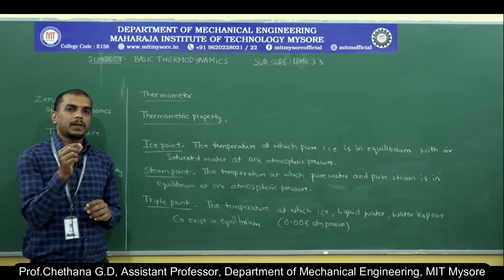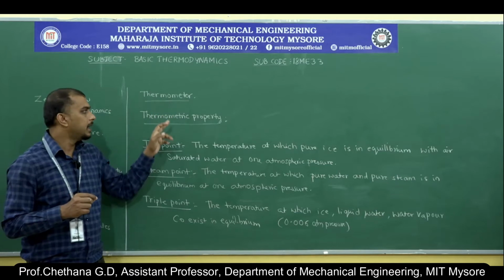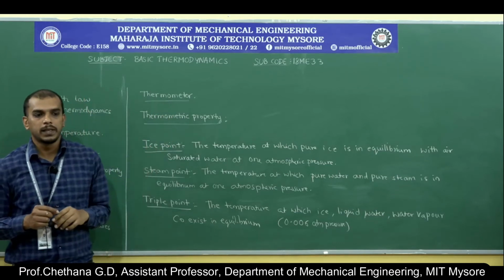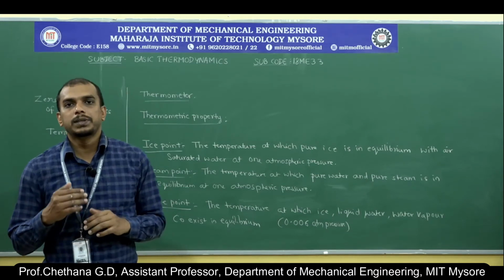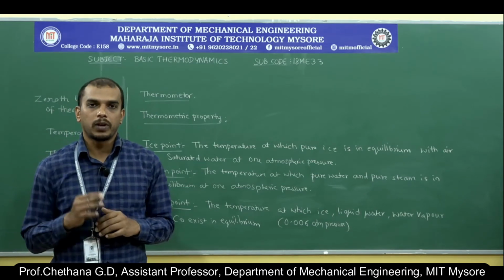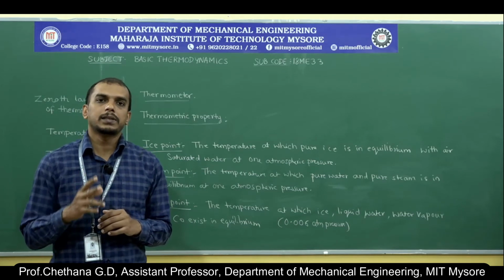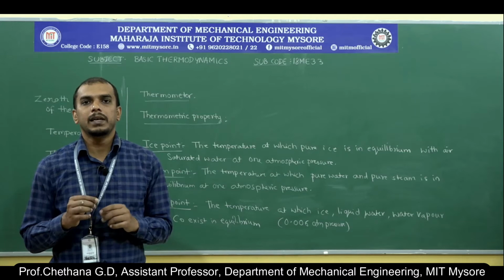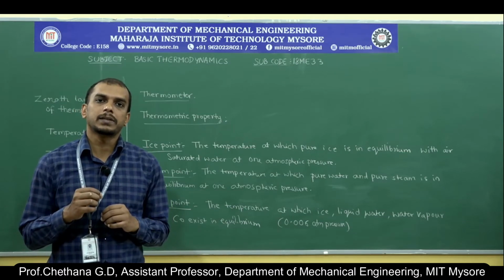So, that reference body which we are talking about is a thermometer, and a thermometric property is the physical characteristic which changes with the temperature. For example, in this case, the physical characteristic which changes with temperature is the length of the mercury inside the glass tube.